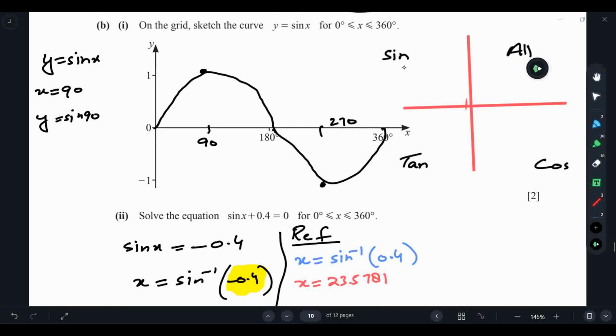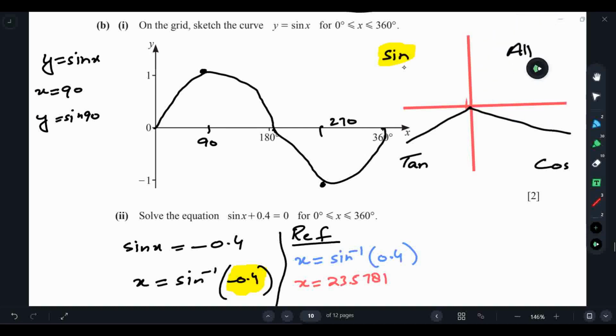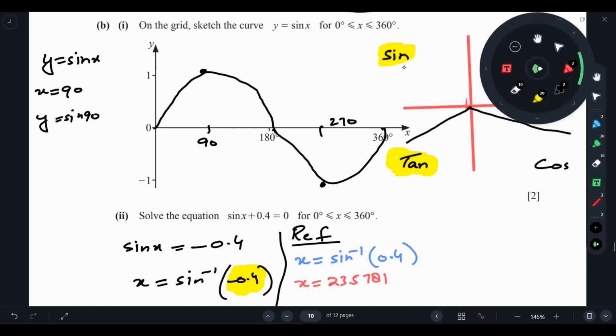Sine is negative in two quadrants. The first one is this one and the second one will be this one, because we know that in the above two quadrants sine will always be positive. In this one, cos will be positive, and in the first quadrant, all will be positive. In sine quadrant, sine will be positive. In tan quadrant, only tan will be positive. We have discussed the concept in the class in detail.